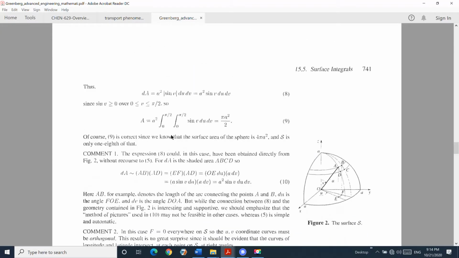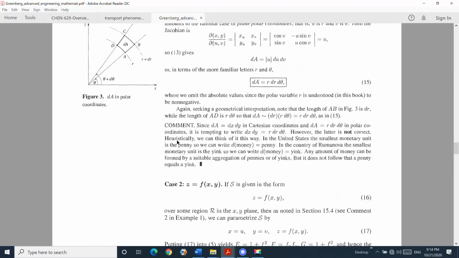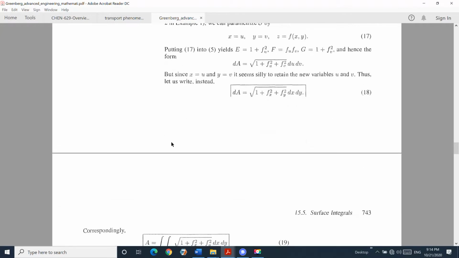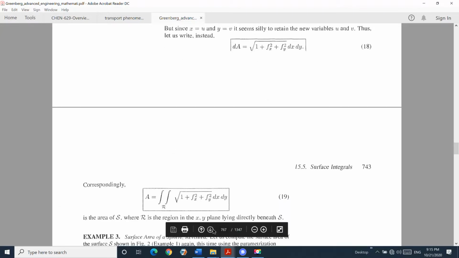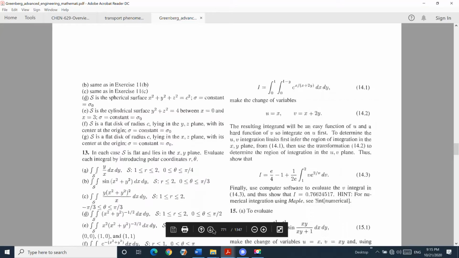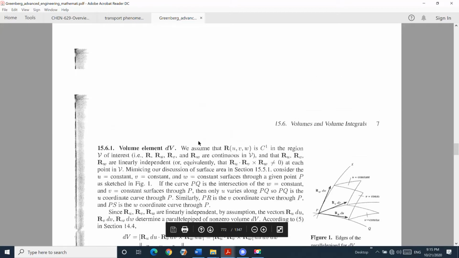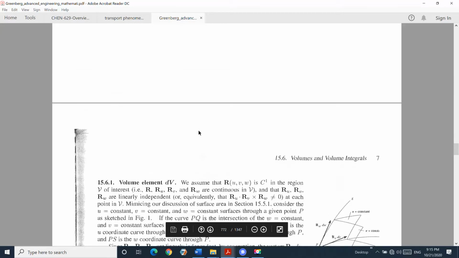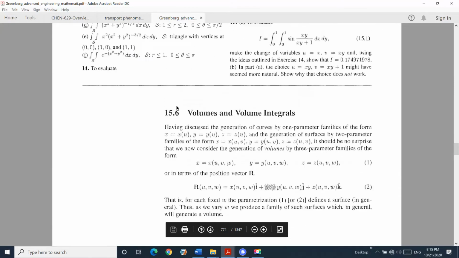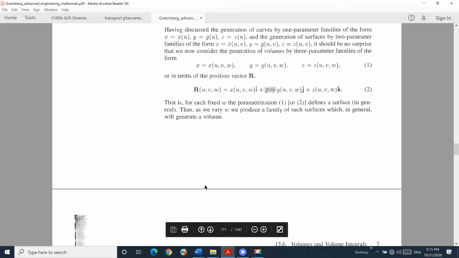We just continue the surface integrals, and then go to another section, section 15.6, the volumes and the volume integrals. Actually, these are the important concepts.